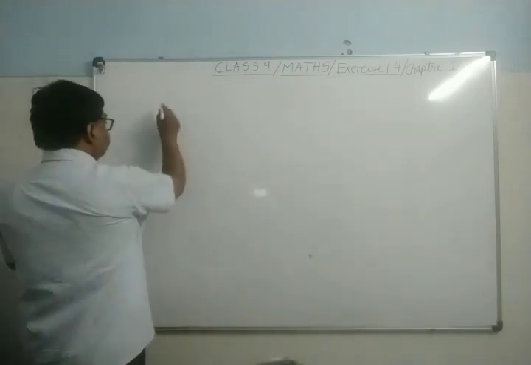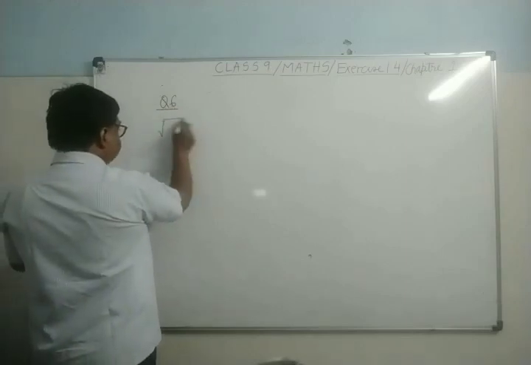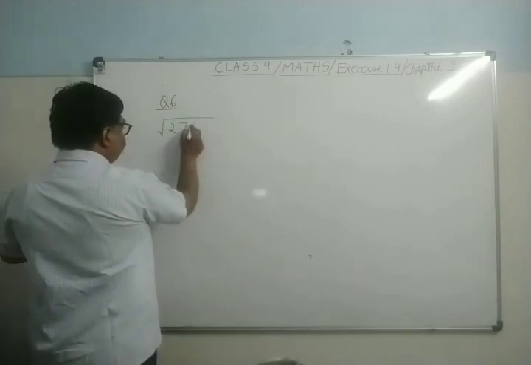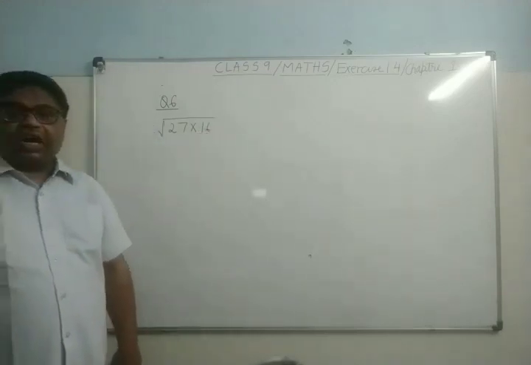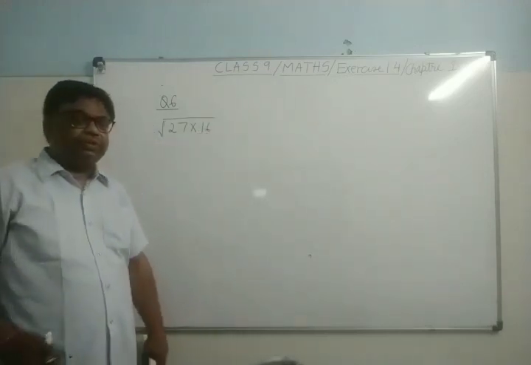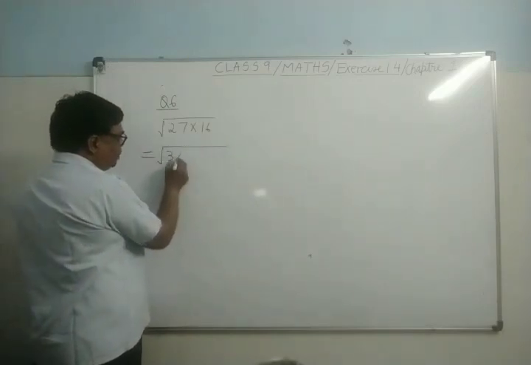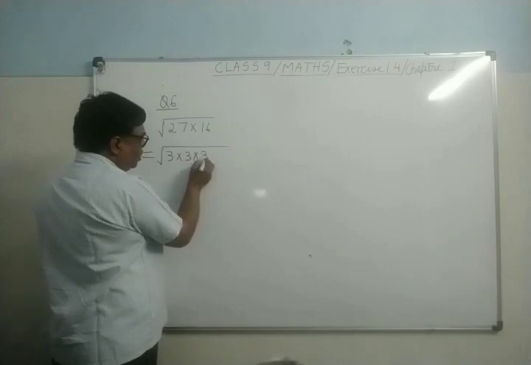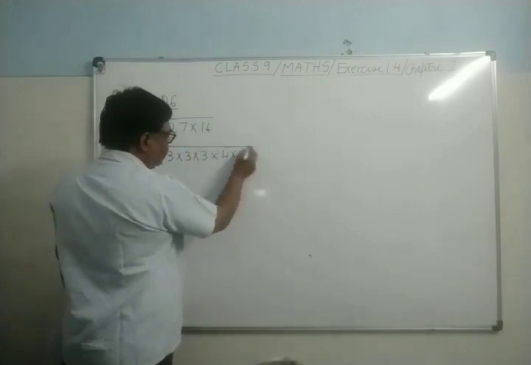So question number 6. This question is also very simple. This is the fourth part, root of 27 into 16. Whether this has a non-terminating and non-recurring decimal. First you simplify: 3 into 3 into 3, and 16 is 4 into 4.